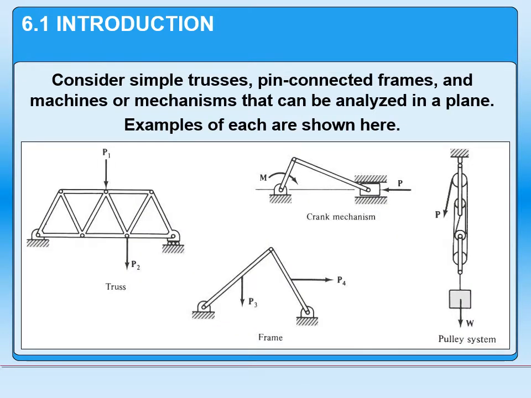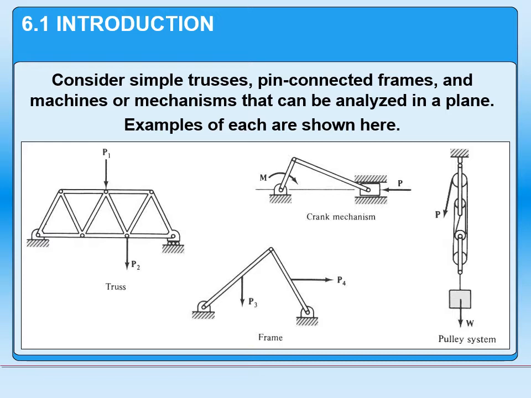Here are a few more examples. In all cases, they're going to be pinned elements, but we can see our simple truss here, and here's the type of loads it could potentially support. Here is a crank mechanism. This is a type of machine where this is rotating and converting over to linear motion. Here's a frame. This has multiple forces in it, similar to a truss, but these are actually 3-force members.